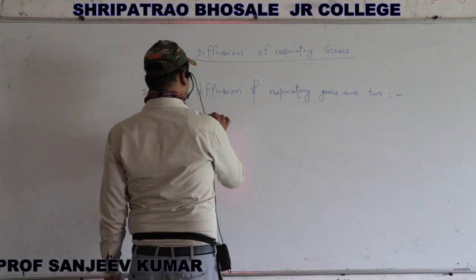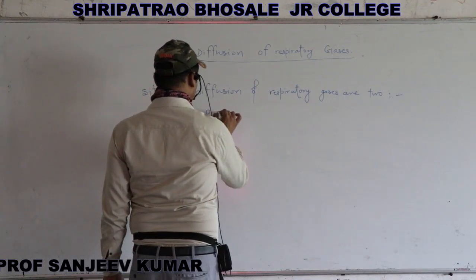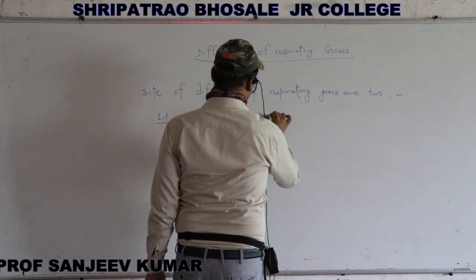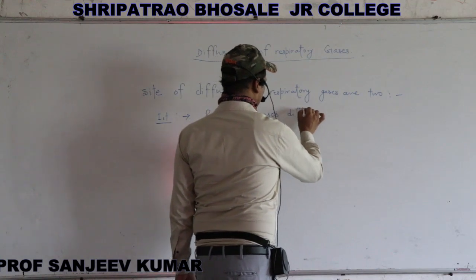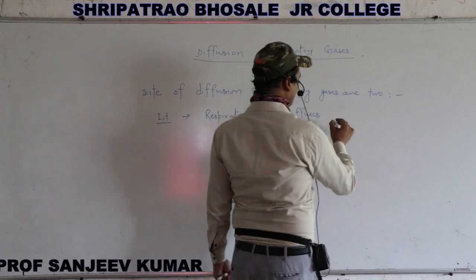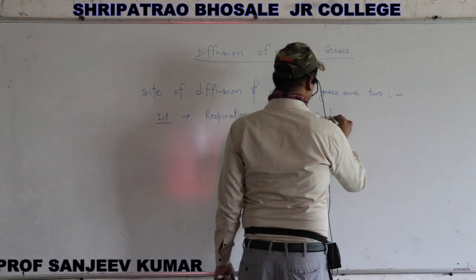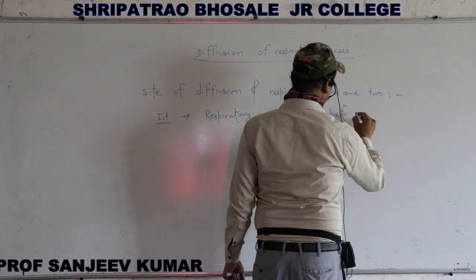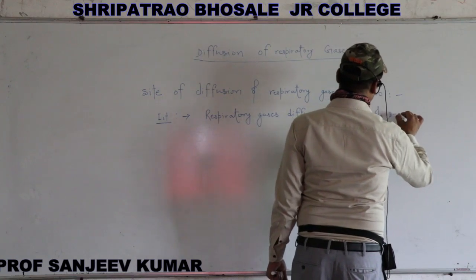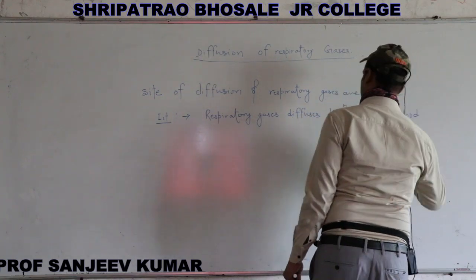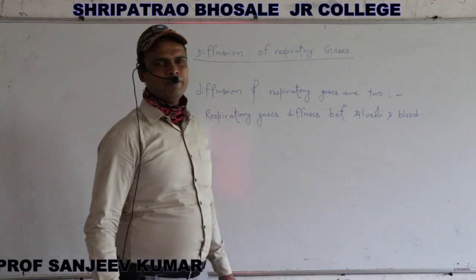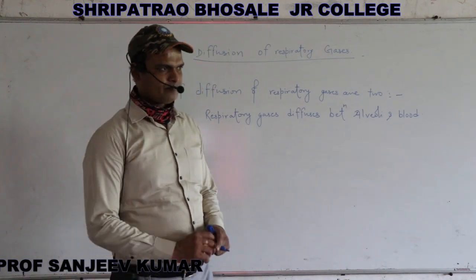First, the respiratory gas diffuses between alveoli and blood.